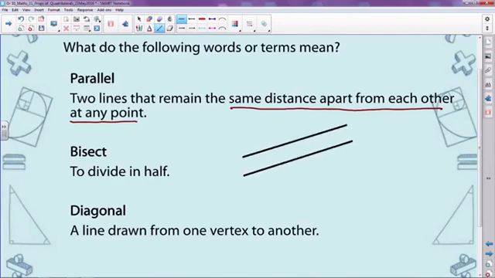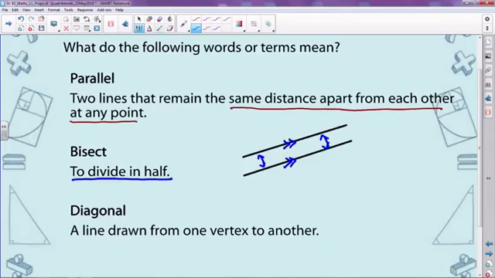So it doesn't matter how far we draw these lines, they will always be exactly the same distance apart and never ever touch. It's quite sad. Look, same distance there and same distance there. That line is parallel to that line.